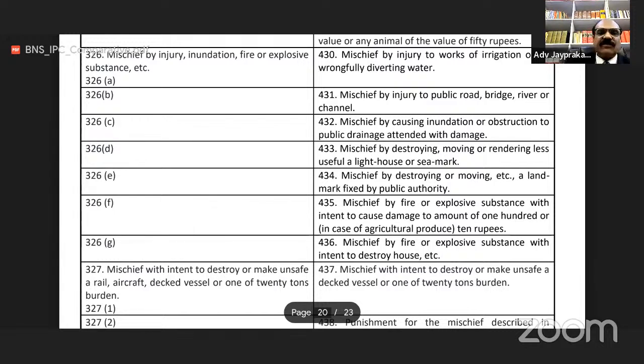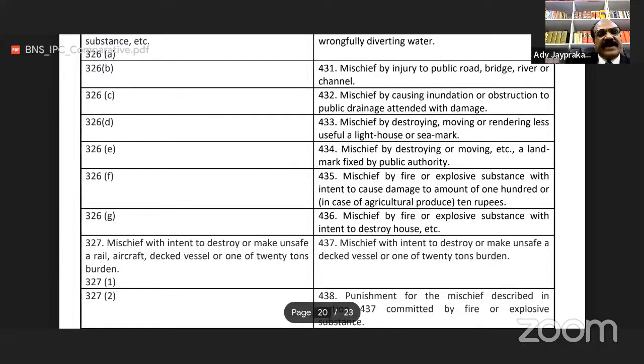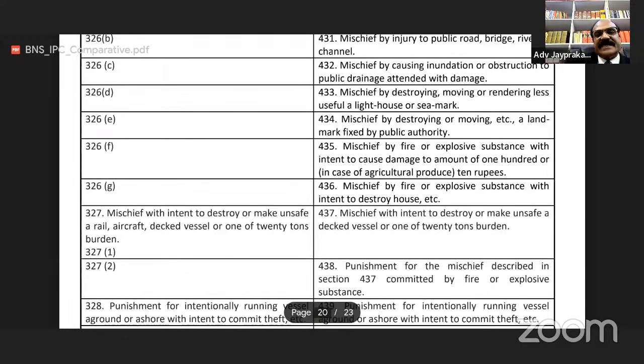Its corresponding section was in IPC 433. BNS section 326E, mischief by destroying or moving etc. a landmark fixed by public authority. Its corresponding section was 434.